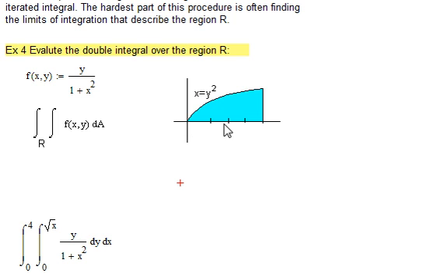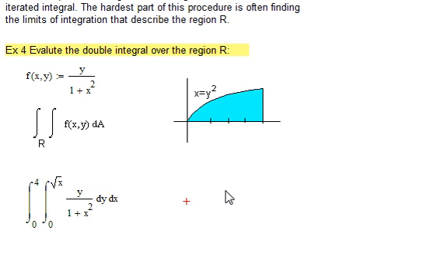X goes from 1, 2, 3 to 4, and the upper bound is the graph of x equals y squared. Now, when we evaluate this, here's what I do.